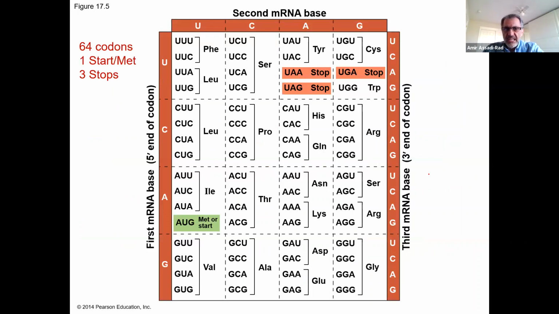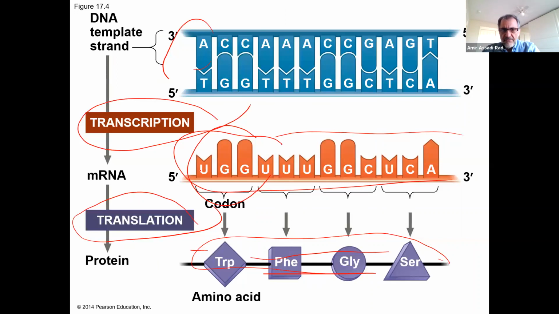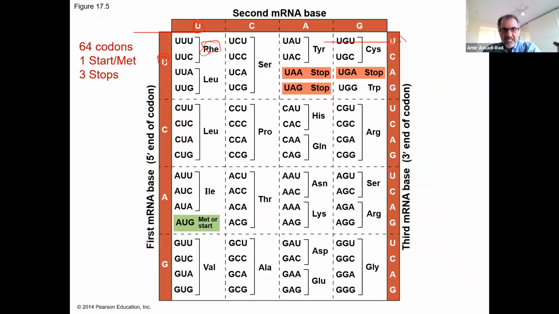The first letter is U, second letter is U, last letter is U, so that's right here, UUU is phenylalanine. Let's go back, UGG: first letter is U, second letter is G, right here, and third letter is also G, right here, so that would be tryptophan.